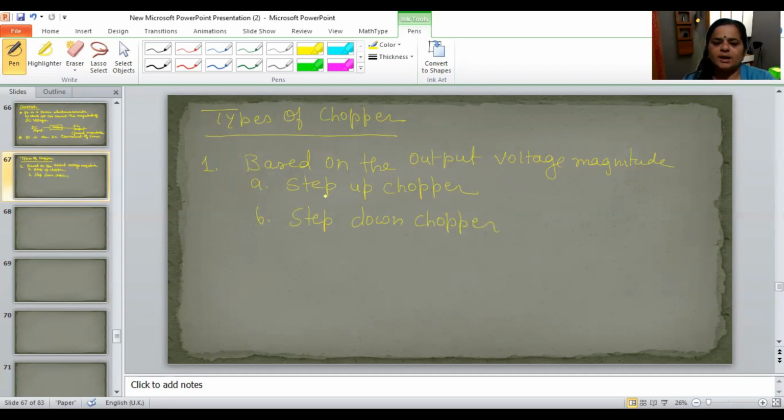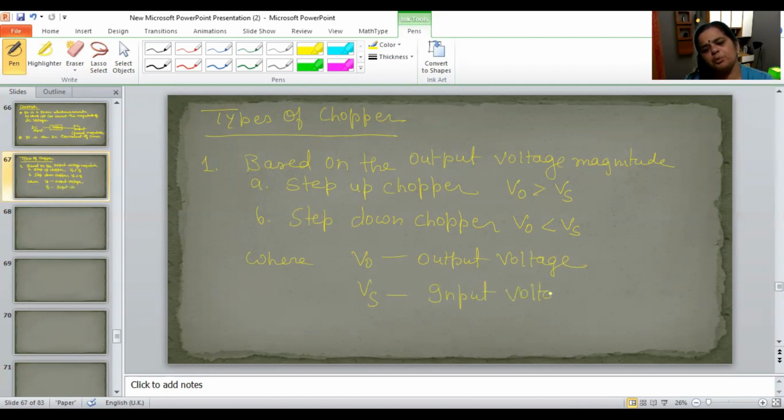As the name indicates, in case of a step up chopper, the output voltage is greater than the input voltage. In case of a step down chopper, the output voltage will be less than the input voltage, where V0 is the output voltage and Vs is the input voltage.